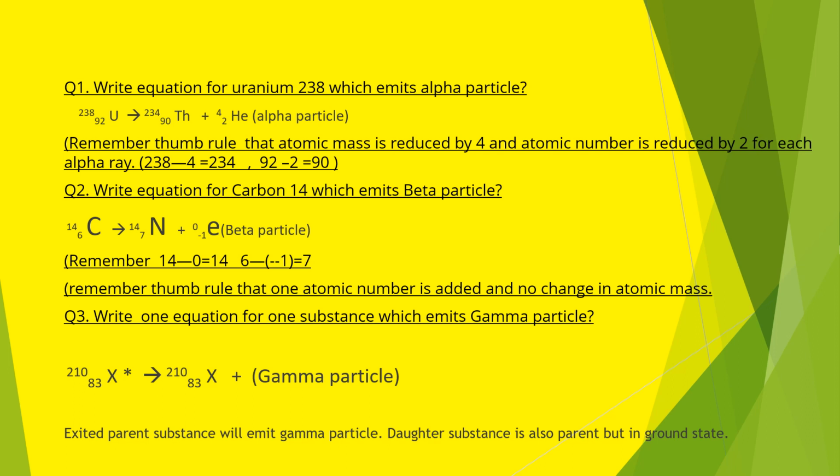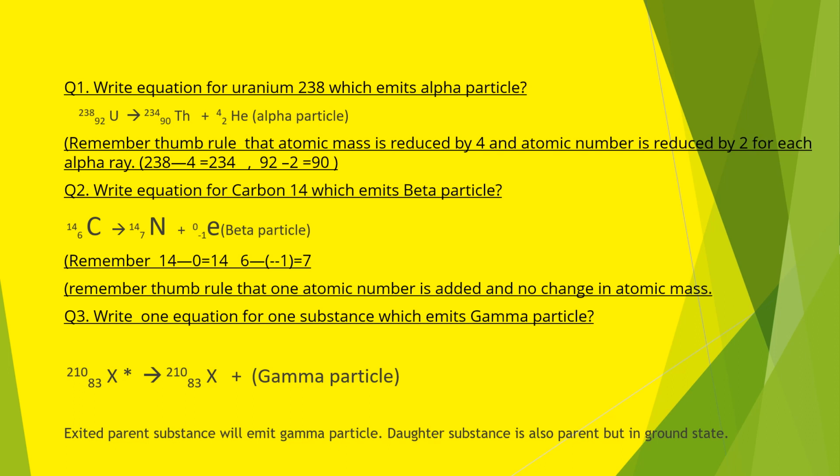This tells about the law that mass cannot be changed, just as energy can neither be created nor destroyed. In the same fashion, the mass of atoms cannot be changed or reduced. It will be equal on both sides. Then we are given carbon-14, which is emitting a beta particle.